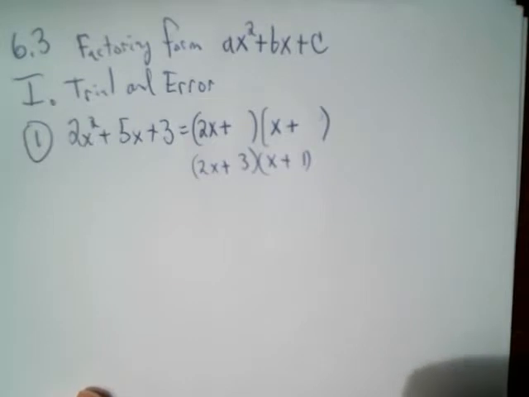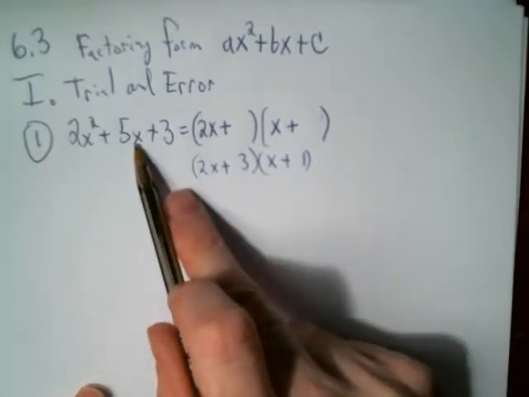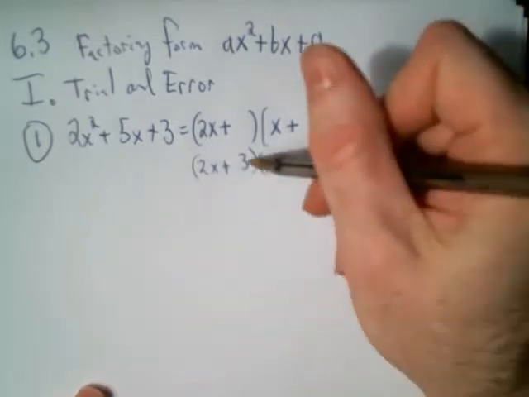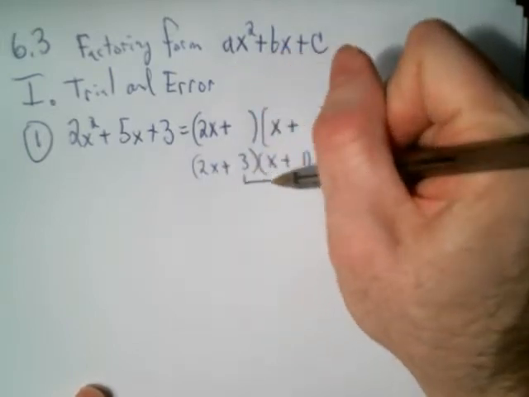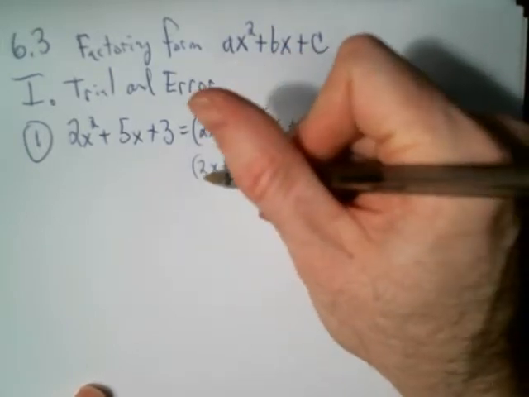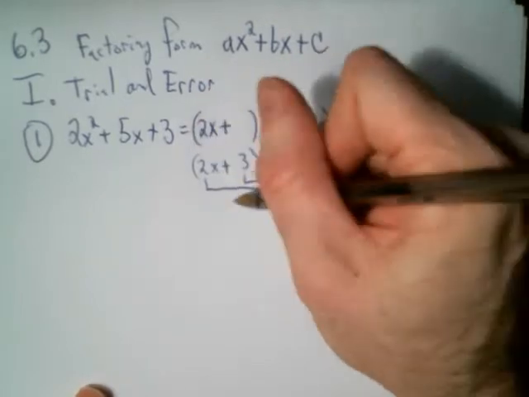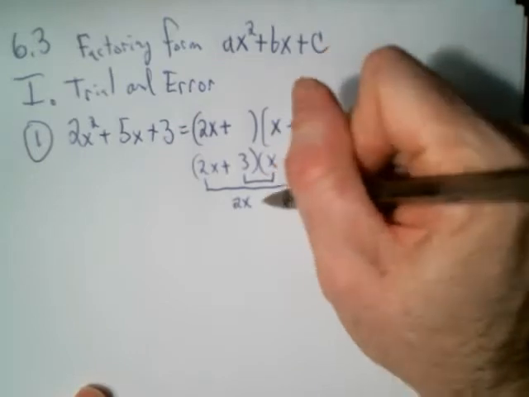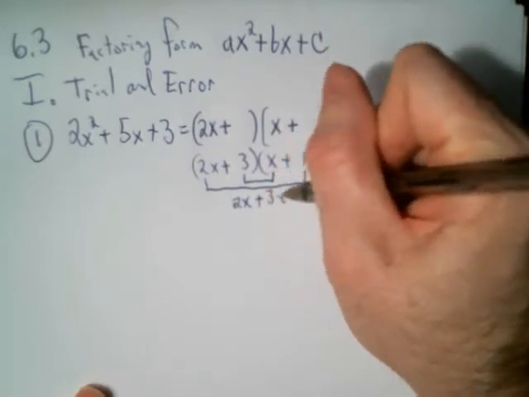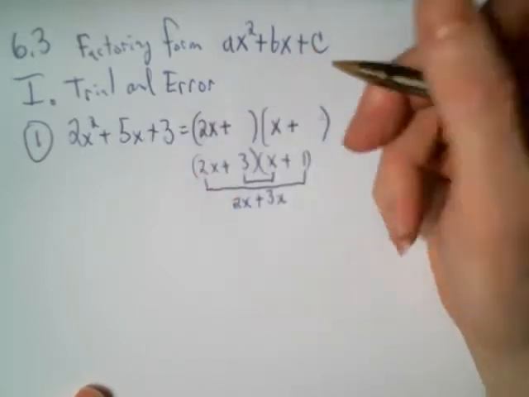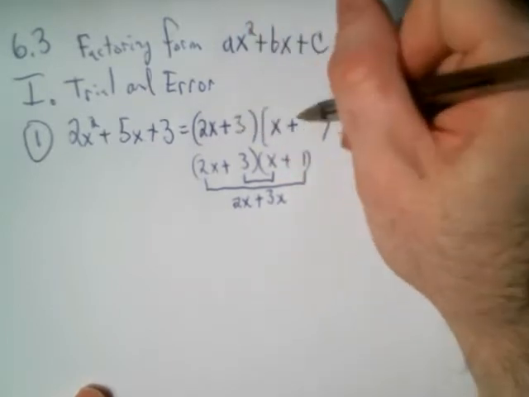We need the inner and outer terms to add to 5. In this case, I was lucky enough to get the right answer. If I add together the outer plus the inner, 2x times 1 is 2x, and 3 times x is 3x, I get the middle term, 5x. So that turns out to be the correct factorization.